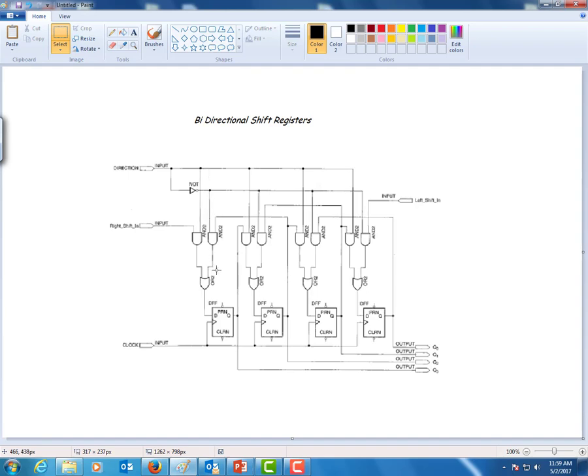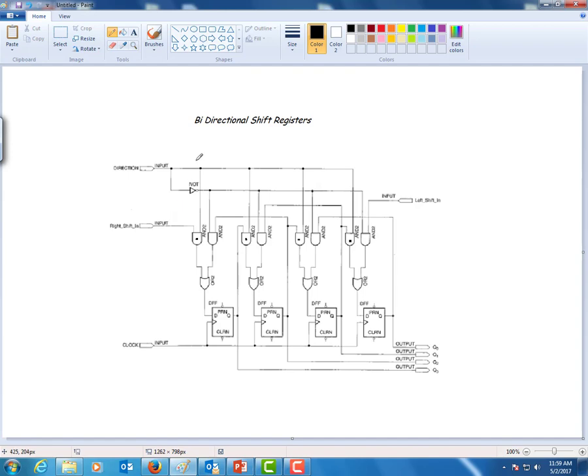So let's just look at it this way. Suppose we're going to enable the flip-flop on the left, and I'm just going to mark each one of them. Let's mark the left one, 1, 2. Suppose the leftmost AND gate is enabled. If these are enabled, that means that this line right here on each one of them must be high.